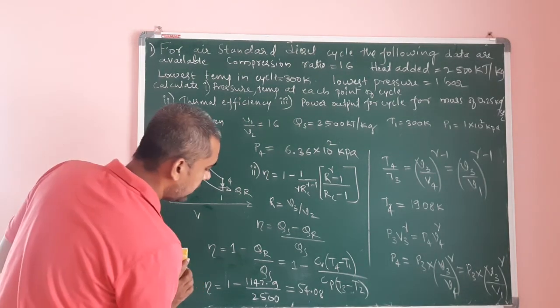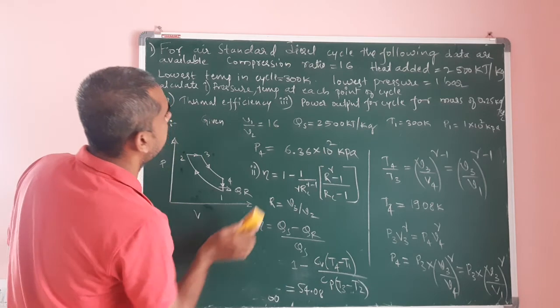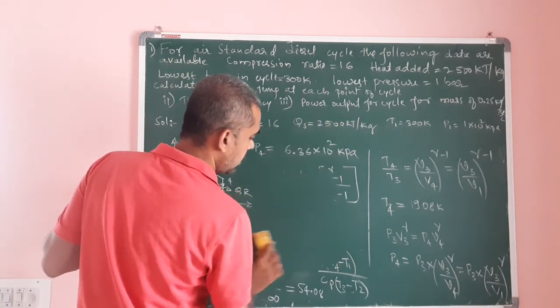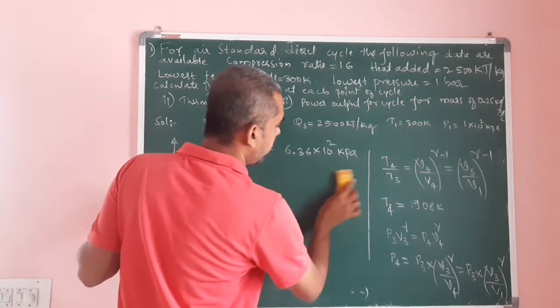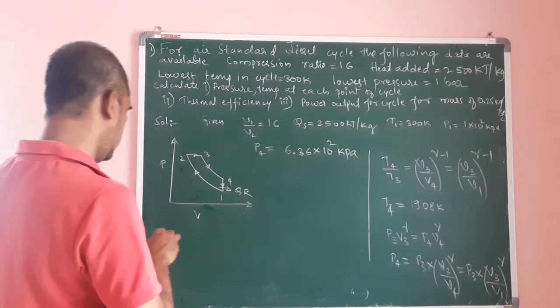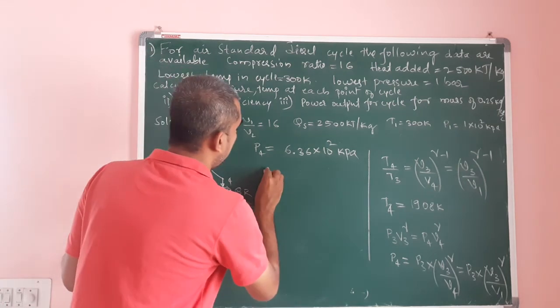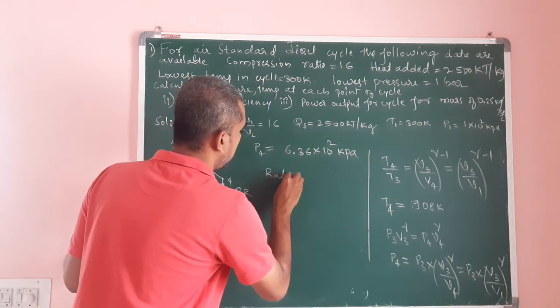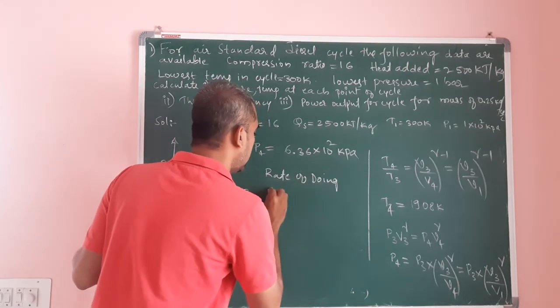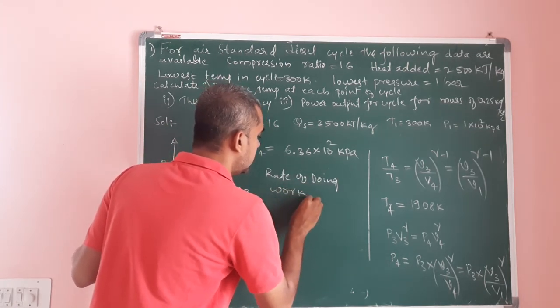Next, what they have asked, power developed you can calculate. Power is nothing but rate of doing work. If you know work done, rate of doing work is power.